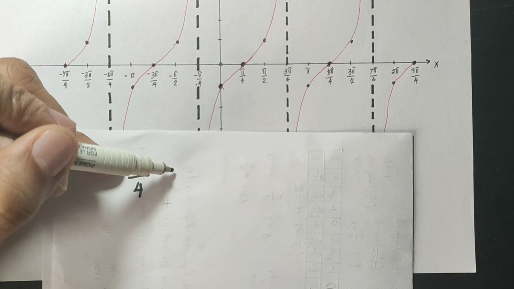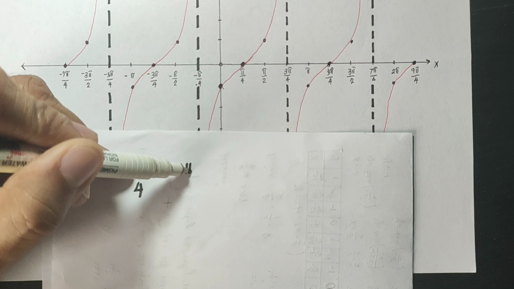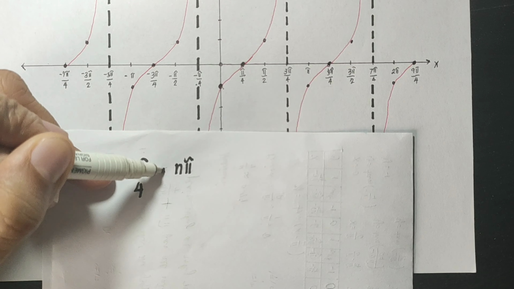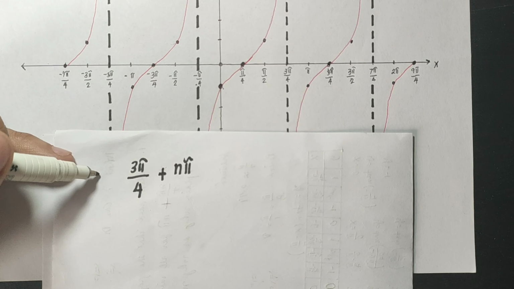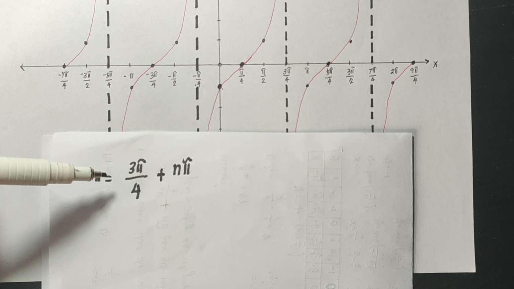So we need to add 1 pi. Let us use n for that, and that will be the equation for the vertical asymptotes of the given function, where n is an integer.